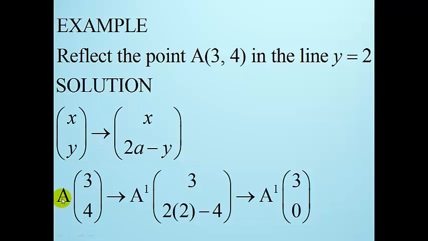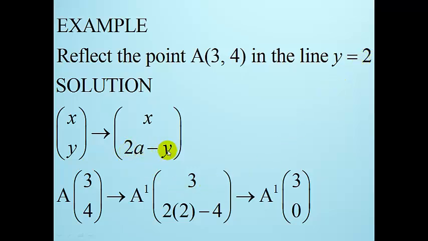So A, the point with coordinate 3, 4, maps to A prime, the image. Take note that the x remains x, so 3 remains 3. The y coordinate now changes to 2a minus y, where a is given from the question as 2.